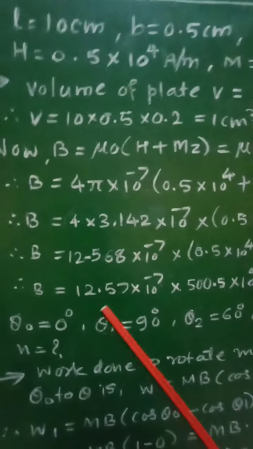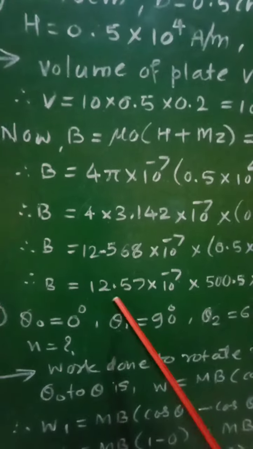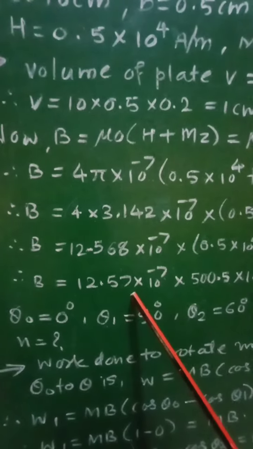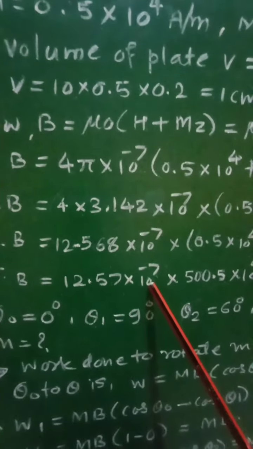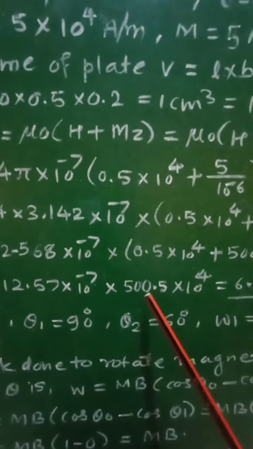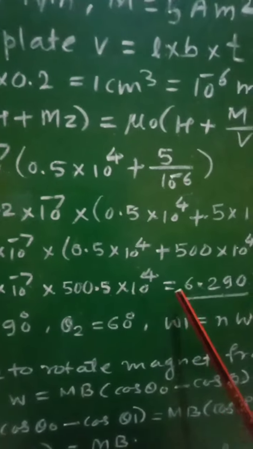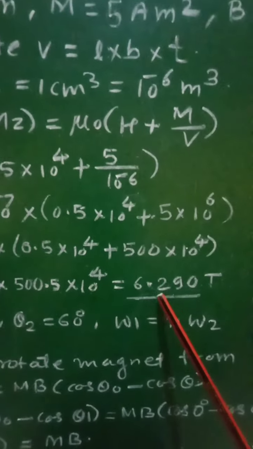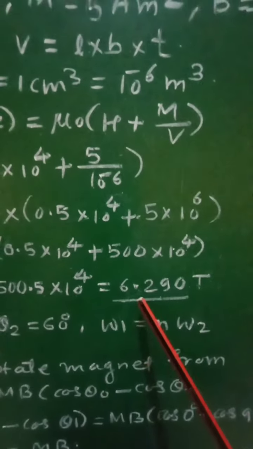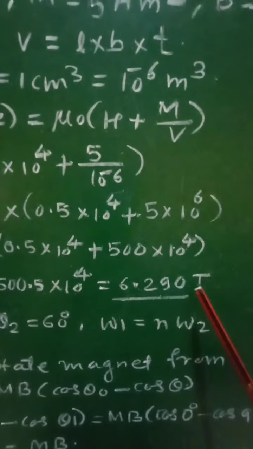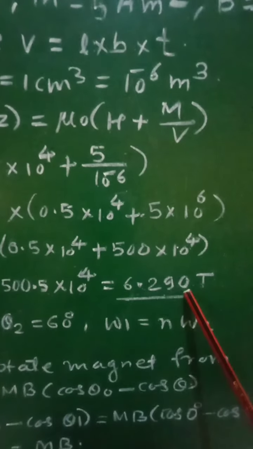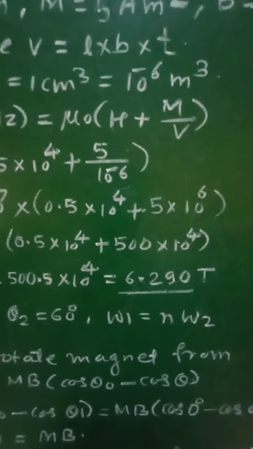Therefore we can write B is equal to 12.57 into 10 raised to minus 7 into 500.5 into 10 raised to 4, that comes out to be 6.290 Tesla. This will be the required magnetic field.